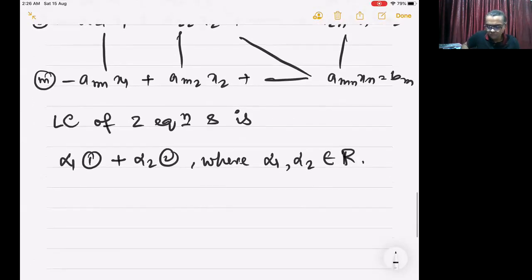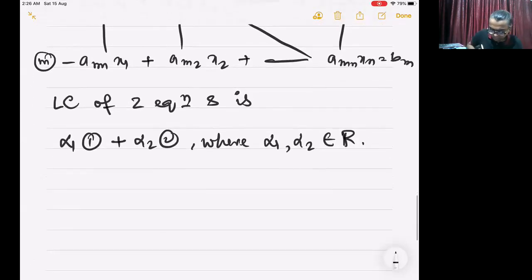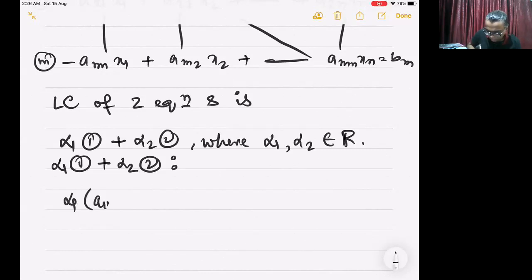Now, what does this mean? Alpha 1 is a real number, alpha 2 is a real number. So this linear combination, alpha 1 times 1 plus alpha 2 times 2, in this case will be alpha 1 into a11 x1 plus a12 x2 plus dot dot dot.